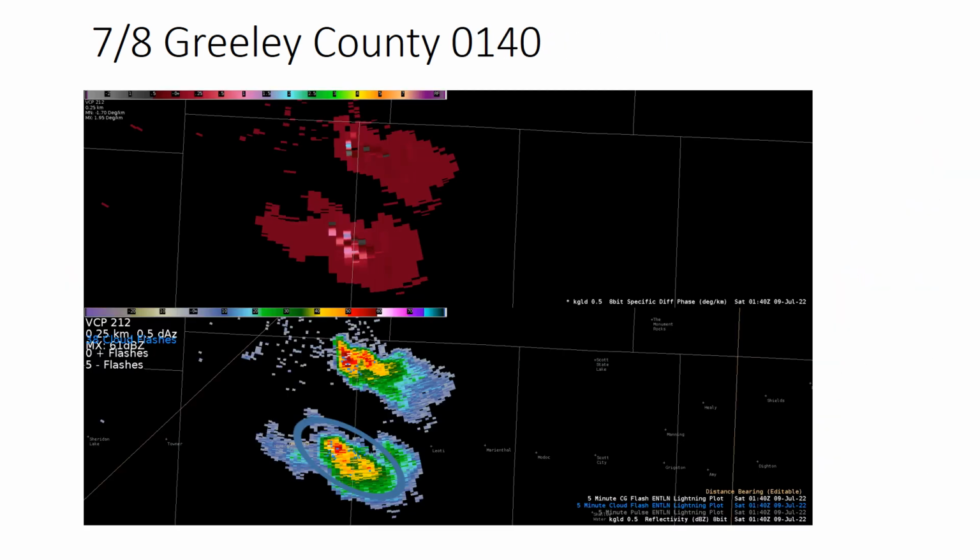So the storm of interest is going to be the most southern one. And my apologies for not increasing the size of the lightning on the specific cell. But if you look closely enough, you can see there are some little tiny blue specks going on within that cell.